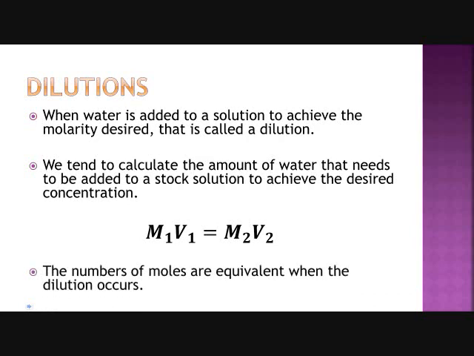The numbers of moles are equivalent when the dilution occurs. Now, does it matter if you plug in liters versus milliliters for the volumes? No, because the moles are equivalent, and as long as you have the correct unit for volume on either side, it doesn't make a difference. So I would say don't do more work than you have to. Okay.